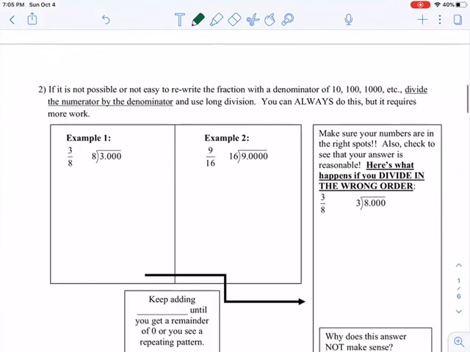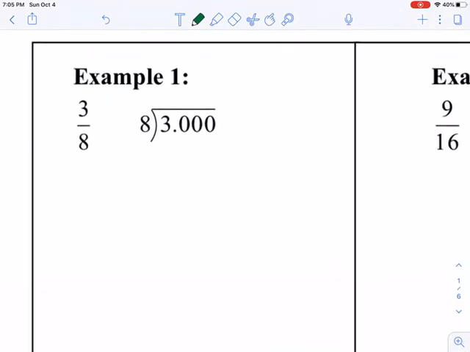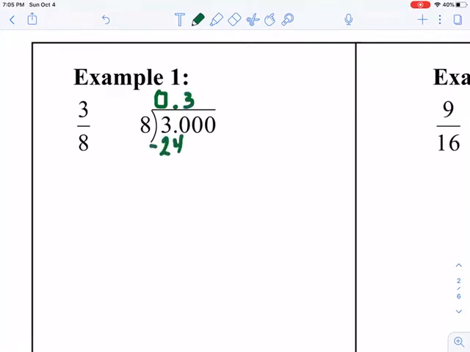Now sometimes it's not as easy as that, so you will have to do your long division. Make sure that your top number, your numerator, goes inside. And you can take your decimal straight up. So 8 cannot go into 3, but 8 can go into 30 3 times. And then you're going to subtract.